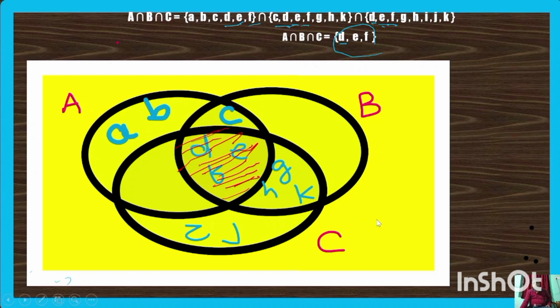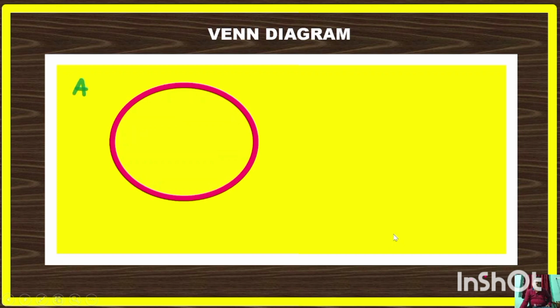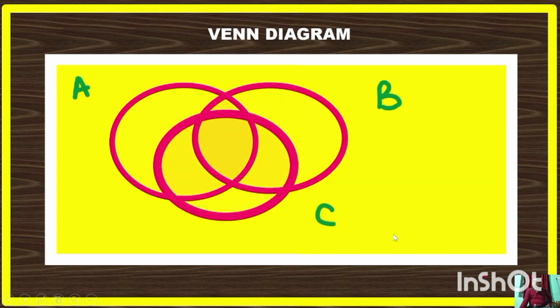This is the shaded portion. So you look at here the same Venn diagram. Are you looking? What is the common portion of the sets A, B, and C? This common portion indicates the intersection of the sets A, B, and C.